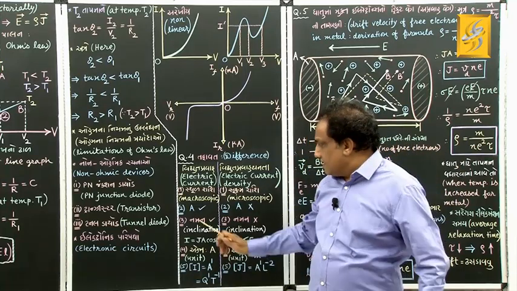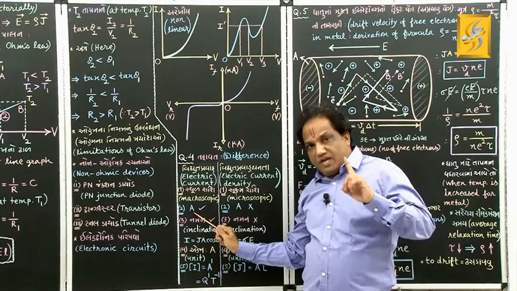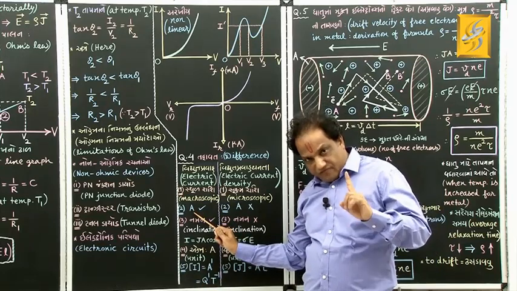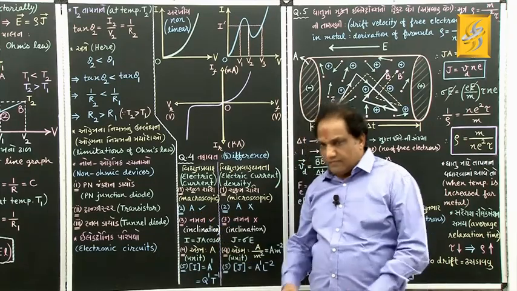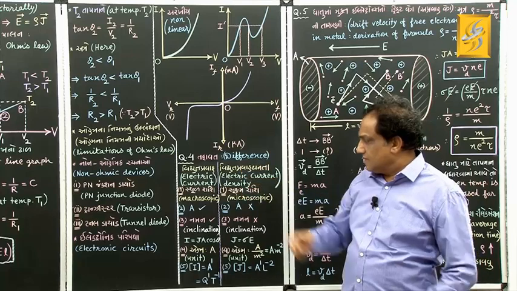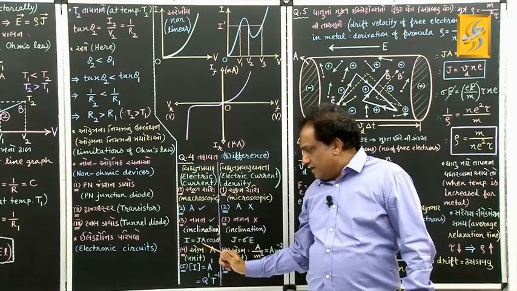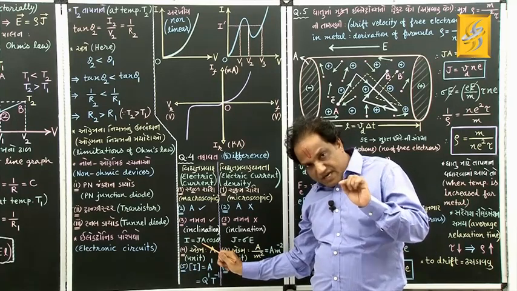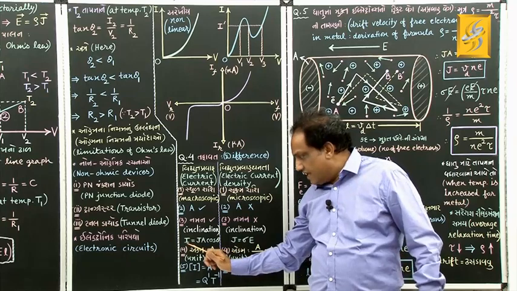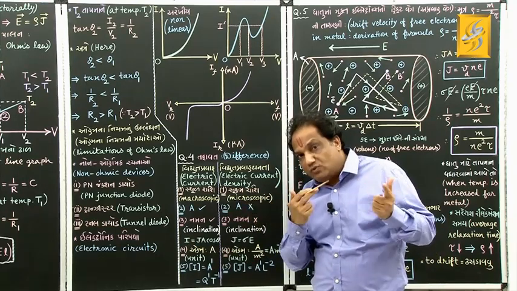Okay. Now let us see the second point of difference. If you have a planar face considered in a conductor carrying some electric current, what is the amount of electric current passing through that face?